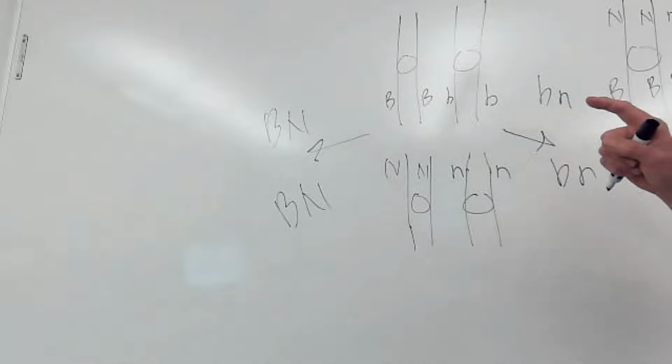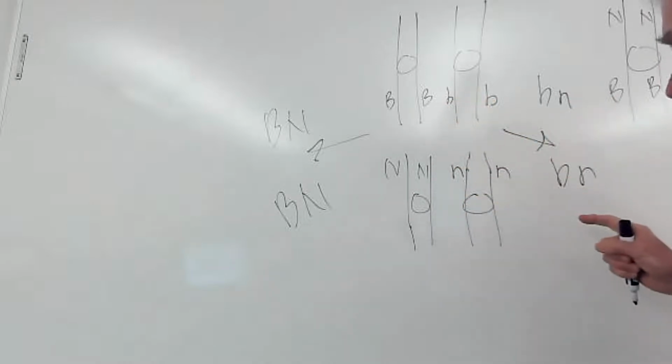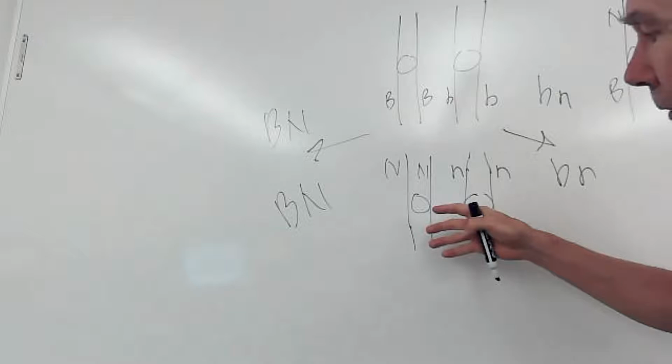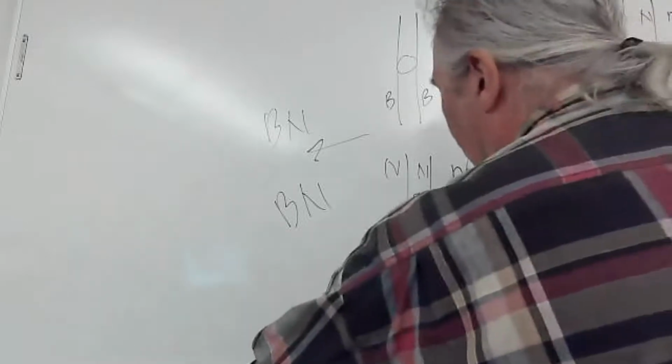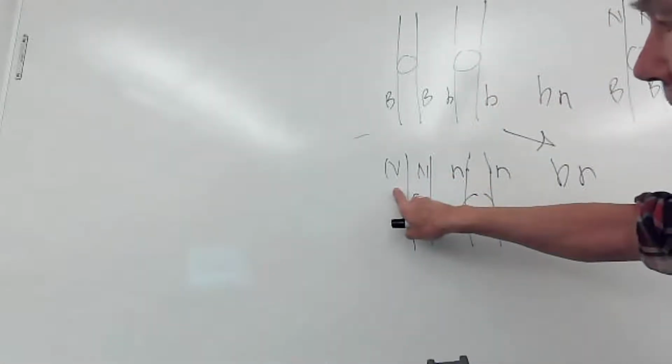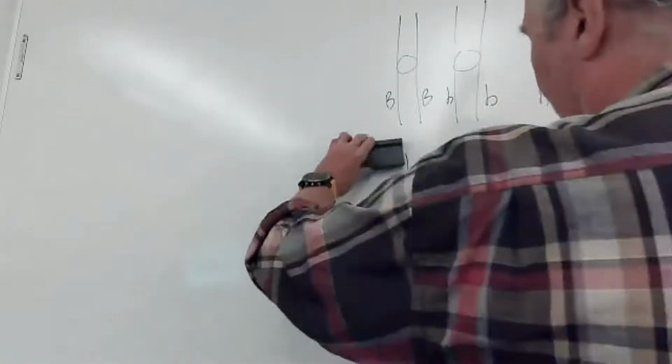But what if these homologous chromosomes lined up differently? For example, what if the one with the big N lined up over here, and the one with the small n lined up over here?